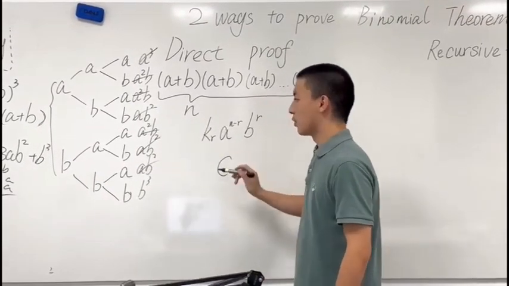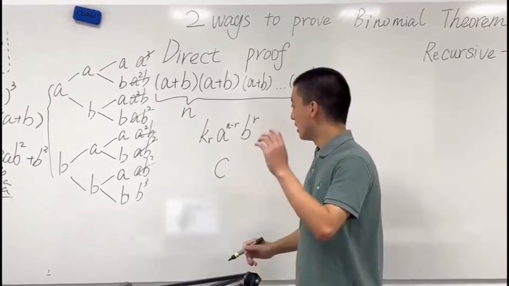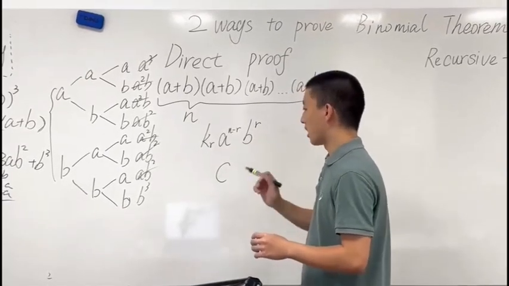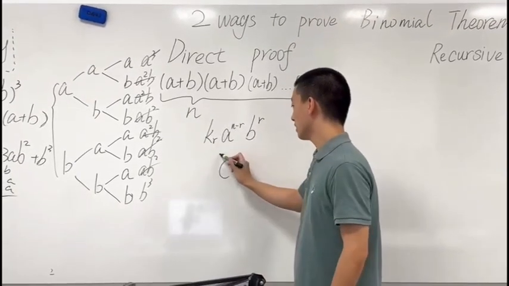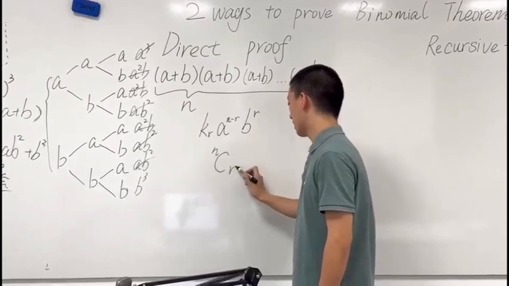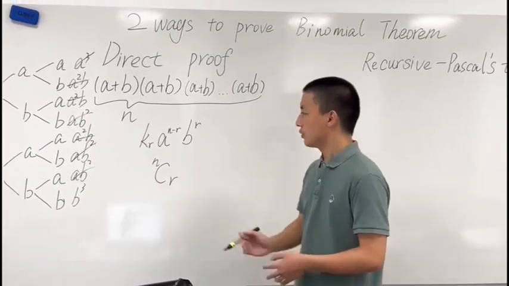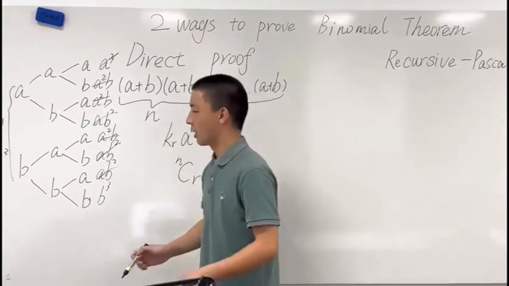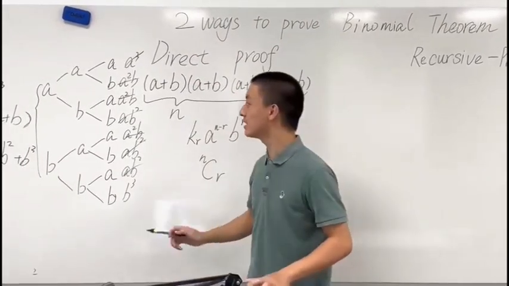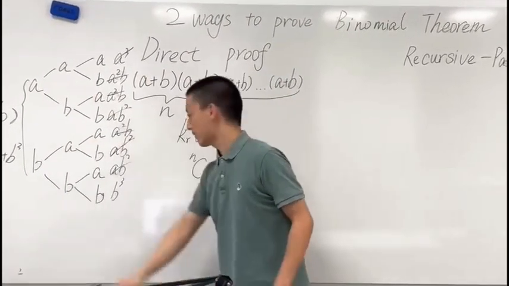So the number of ways to arrange n minus r amount of a and r amount of b will be nCr. Yeah, if you know the permutation and combination, you can almost immediately get it according to this graph.